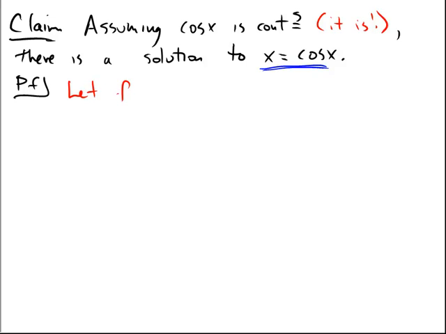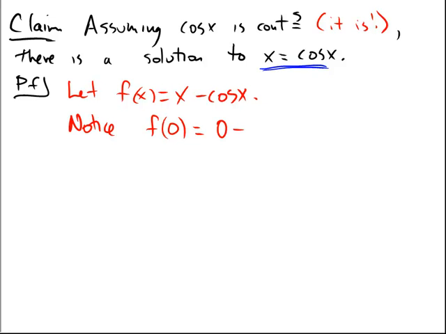So let f of x equal x minus cosine of x. This function is continuous because x is continuous, and we're assuming that cosine of x is continuous. Notice, what is f of 0? 0 minus cosine of 0. Cosine of 0 is 1, so this is equal to negative 1.